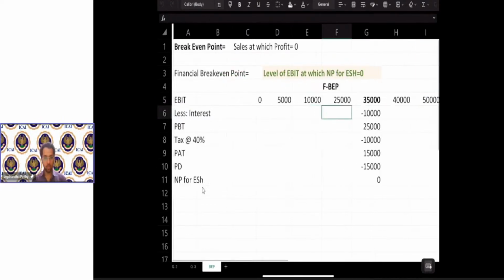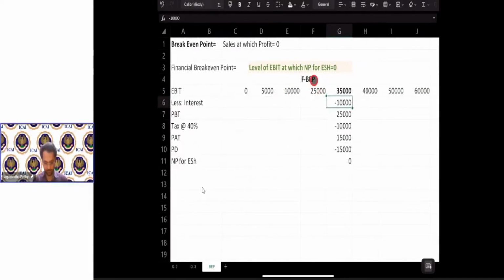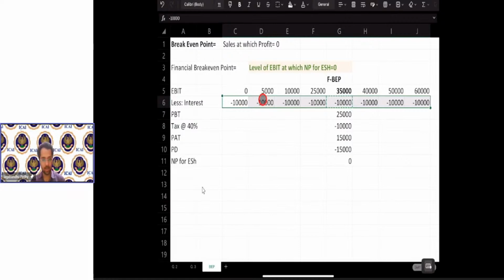So for each of these EBITs, now tell me, if your EBIT is varying, is your interest component going to vary? Of course, no. So interest is going to remain constant across all the plans.